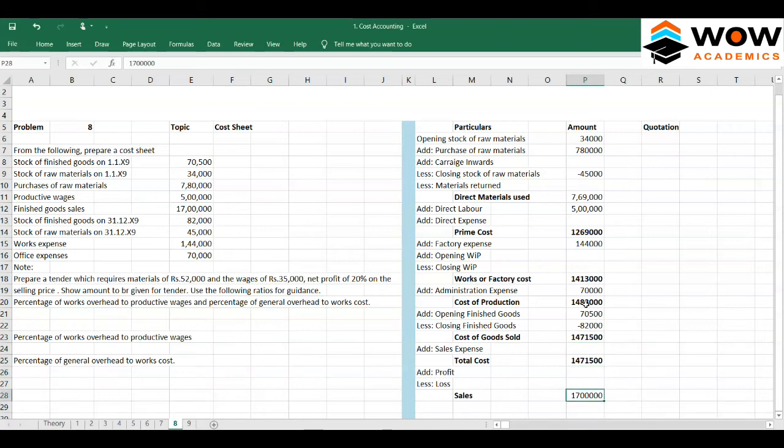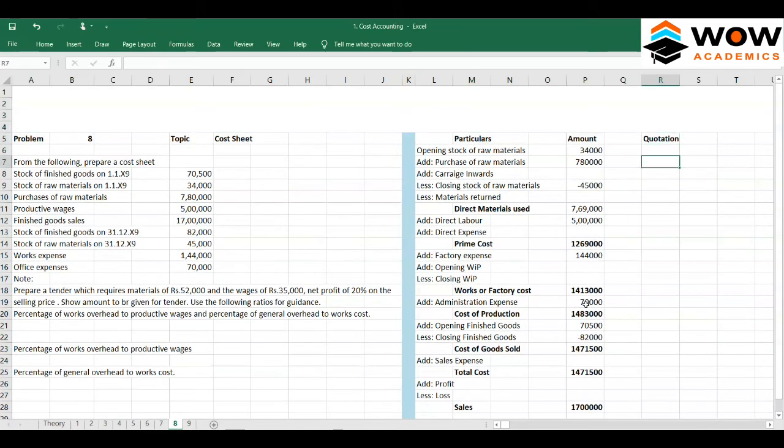So what we'll do is we can now find out the quotation. Okay, we'll go for the quotation. So quotation, if you take, we get 52,000 for the material, we get 35,000 for wages, add both, we get 87,000 for prime cost.